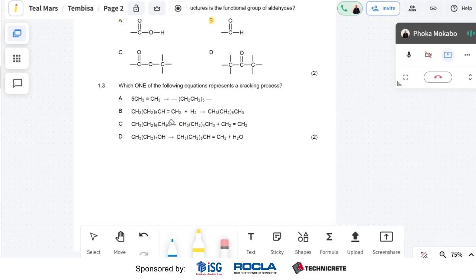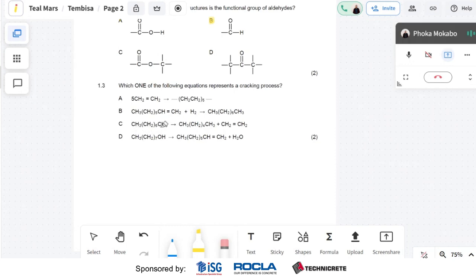Now, what makes it actually the answer over here is the fact that you start off with a long chain, an alkane chain in this case, and it breaks off to give you a smaller alkane as well as an alkene.